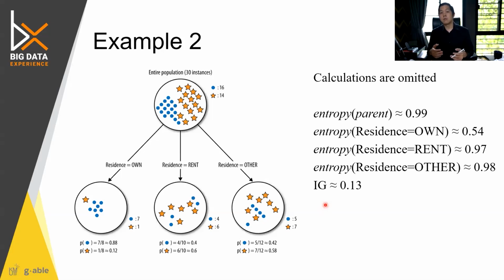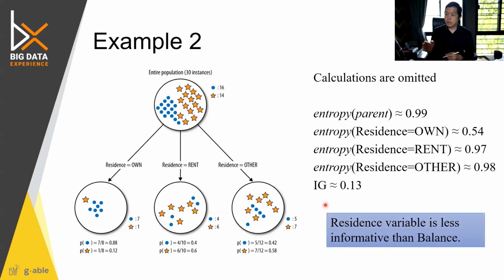Which one would gain you more information? Residence or balance? Which one? Balance, right? Balance has higher information gain. That means balance would give you more information than residence. Residence gives you less information, less informative than balance.